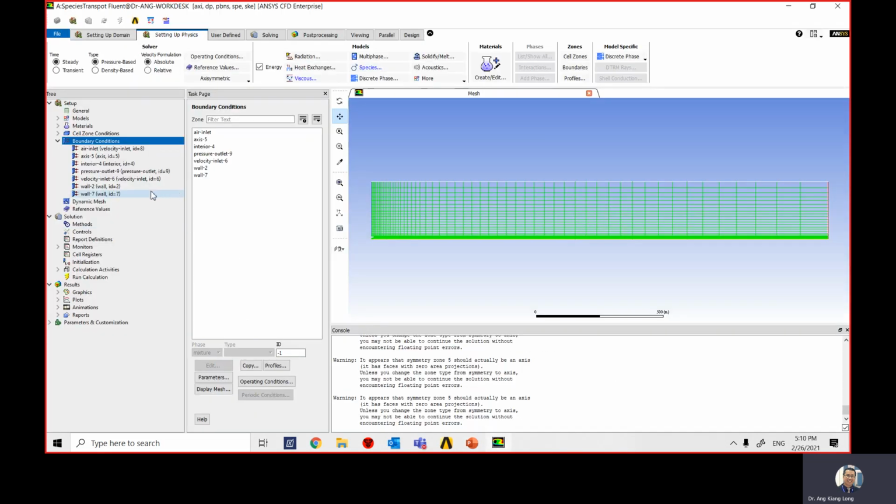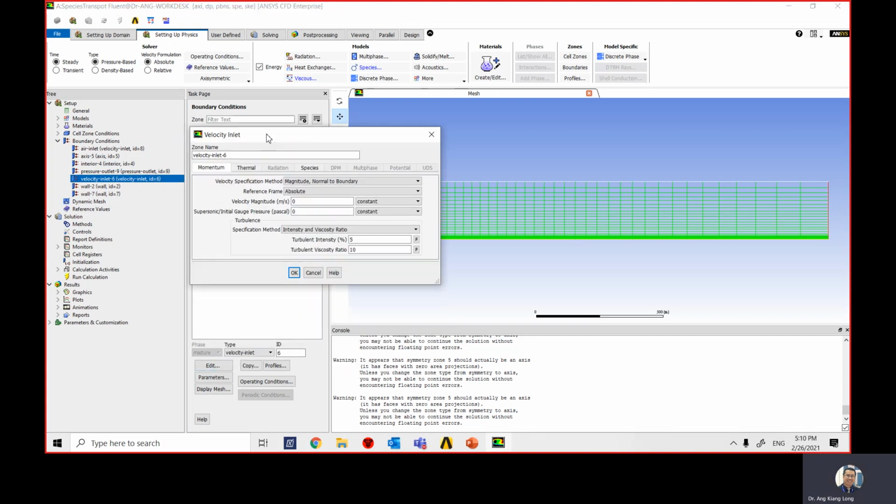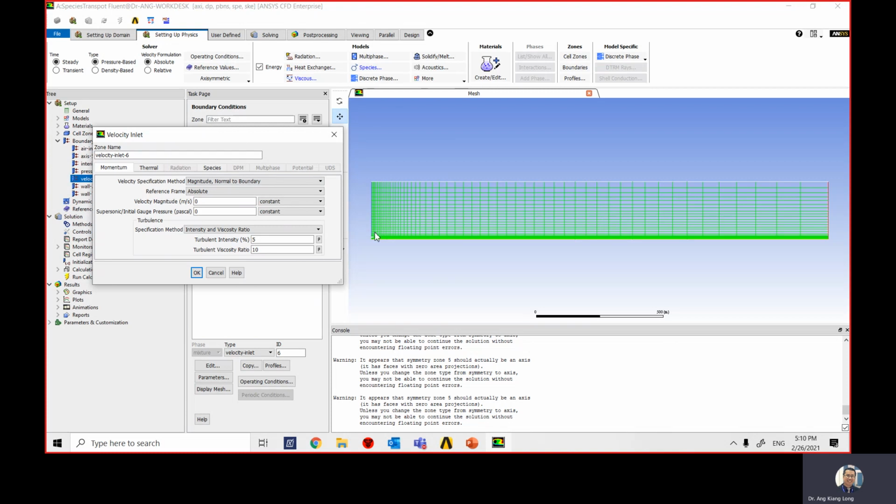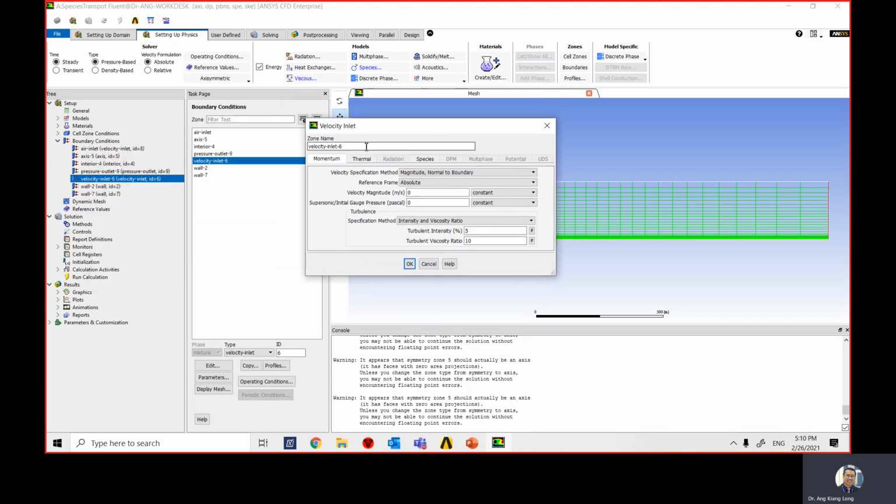Okay, back to here. For the fuel, the ID is ID number 6, so you go to edit. Again, how do you know it's ID 6? You right click and the ID will come up, like what I showed you 5 to 10 minutes ago. Go back to the video if you want to. We rename this one as fuel inlet just to have more clarification.